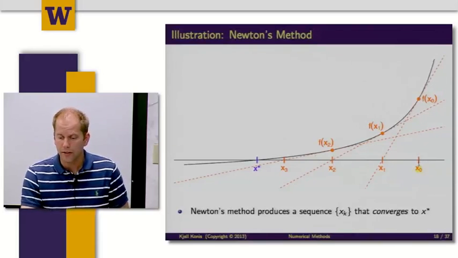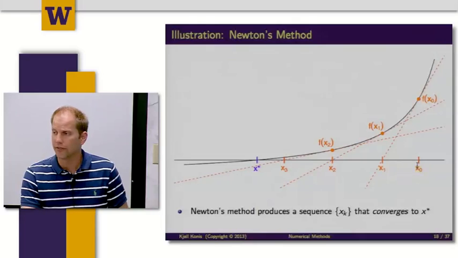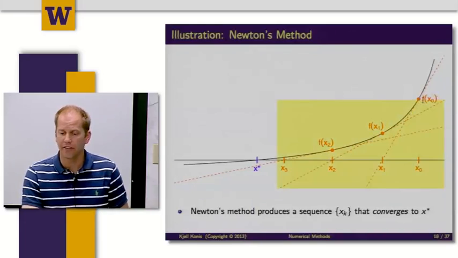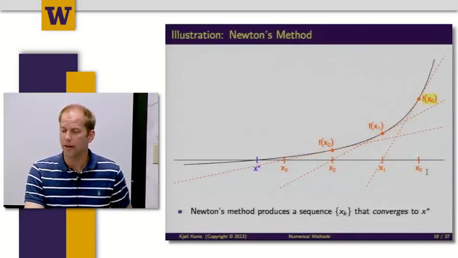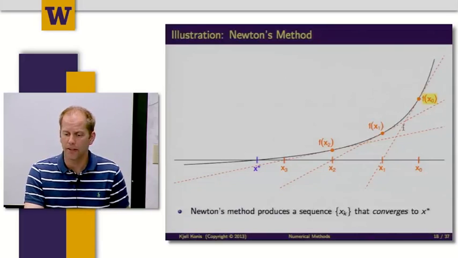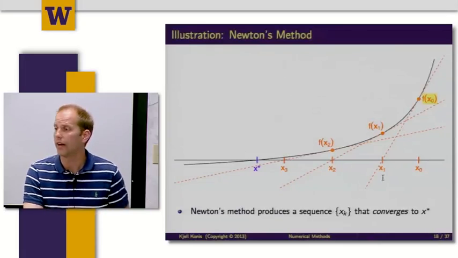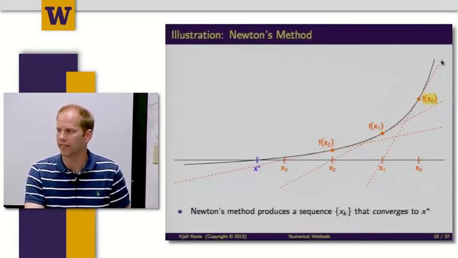If you think about this recursive formula, I'm taking f of x0, and I'm dividing by the slope of this tangent line to f that goes through the point x0, f of x0. So this line right here.